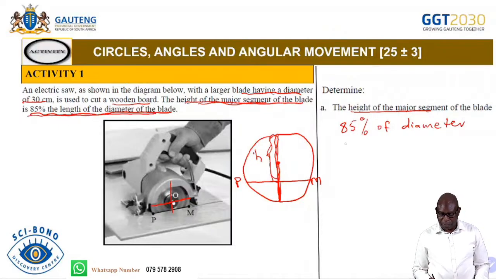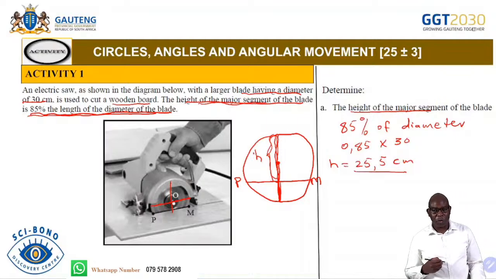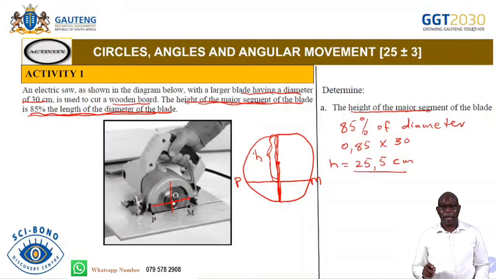So 85% of that means 0.85 multiplied by 30, and that gives us 25.5 centimeters. So that will be the height of the major segment. It is shorter than the diameter. So you can see this one is a diameter, but that one is shorter than the diameter.